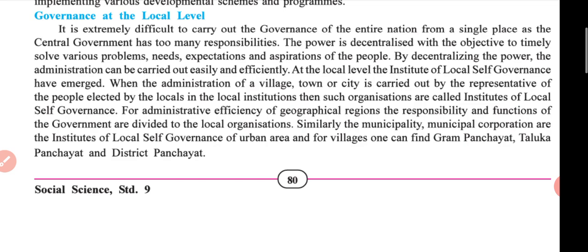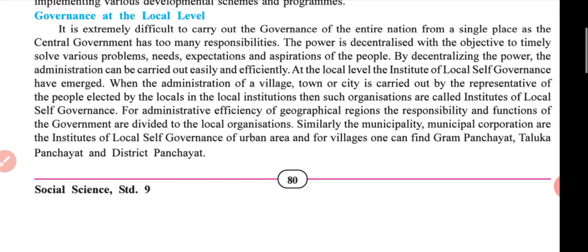We need mom's help, sister's help, brother's help, father's help. So, for handling the entire nation, how can it be possible for a single place and a single person to manage and carry out the governance?